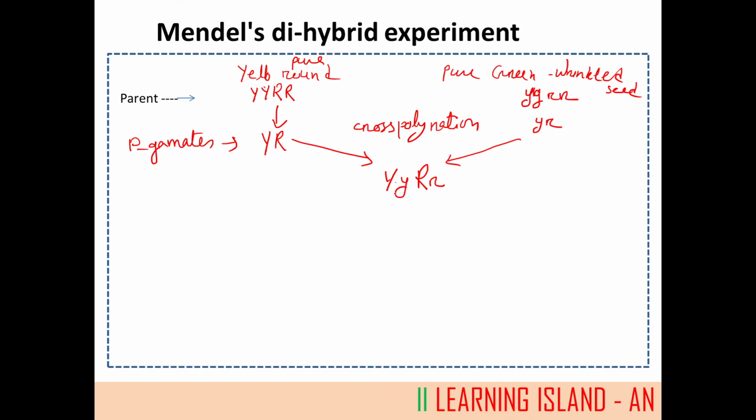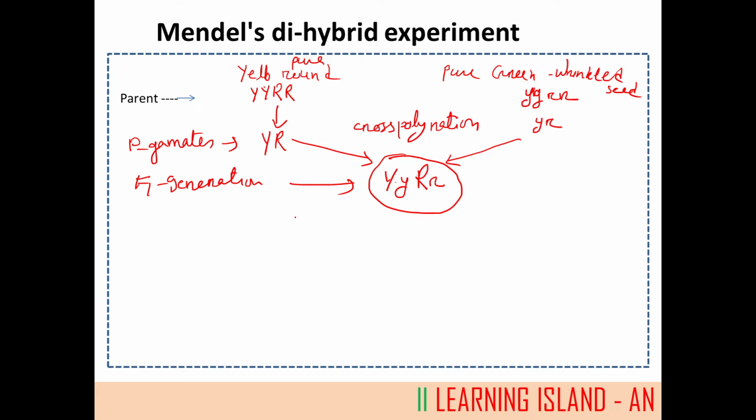This is mixed, but from outside phenotypically it is showing that this is a yellow and round seed, but this is actually mixed: yellow, green, round, wrinkled. So this is the F1 generation. See, there is a similarity between the monohybrid and dihybrid cross. There are also all these steps: parents, P gametes, F1 generation.